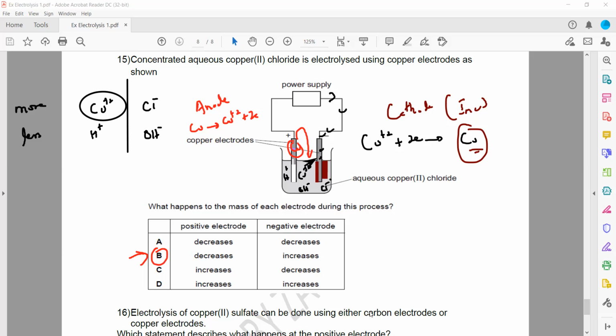That is similar to doing the electrolysis of copper sulfate solution. So as you can see, we have the electrolyte. Why is the size of the positive electrode decreasing?